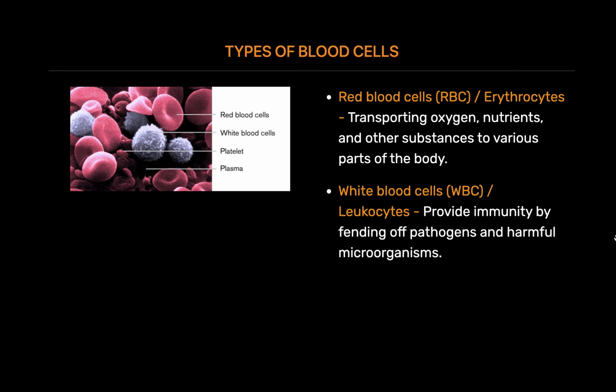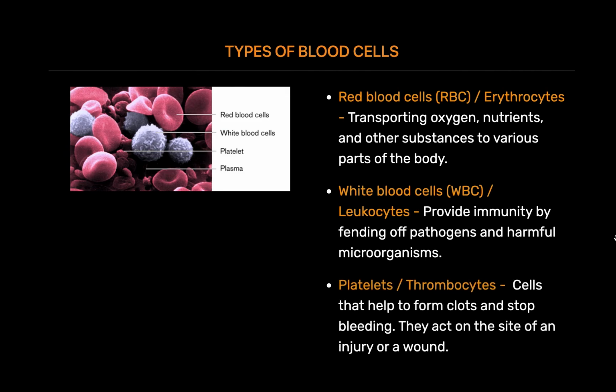White blood cells are cells that specialize in defense. They provide immunity by fending off pathogens and harmful microorganisms. White blood cells are also called leukocytes. Platelets are cells that help to form clots and stop bleeding. They act on the site of an injury or a wound, and are also called thrombocytes.